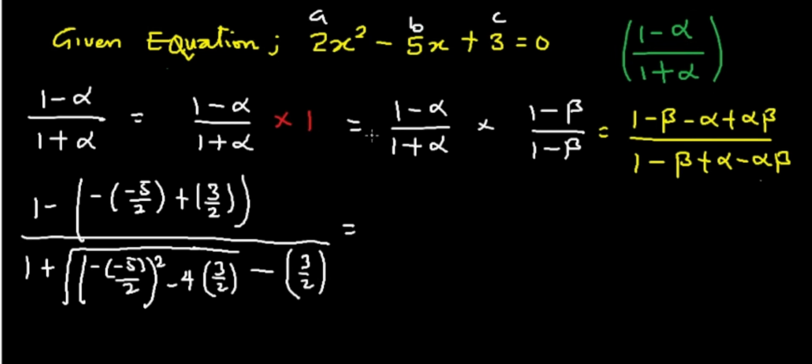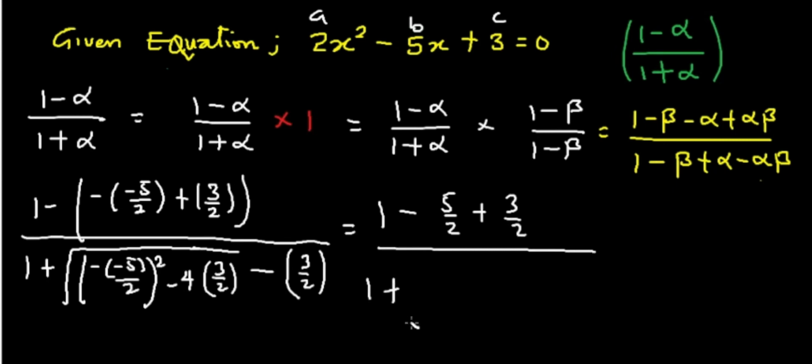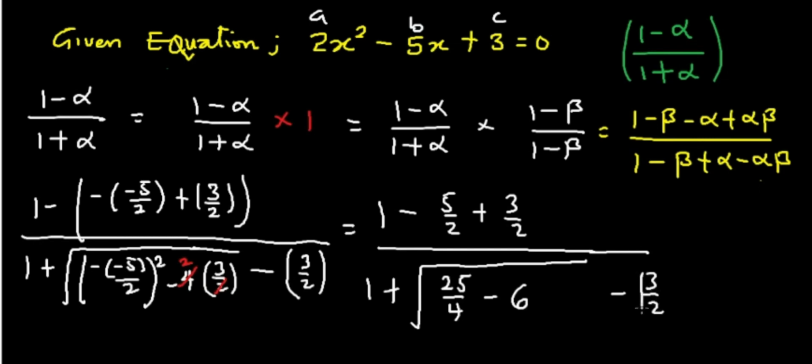All right, so I've got 1 minus 5 over 2 plus 3 over 2, over 1 plus all the root of 25 over 4. Then this 2 here cancels this one, and I'll be having minus 6 here, then minus 6 minus 3 over 2.